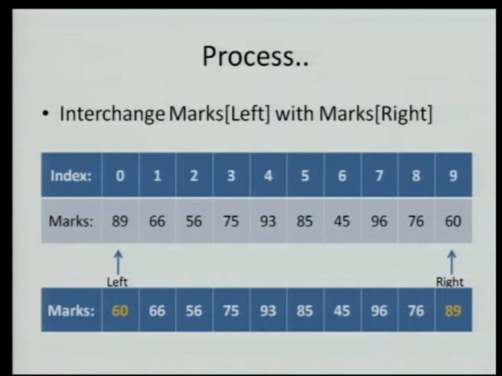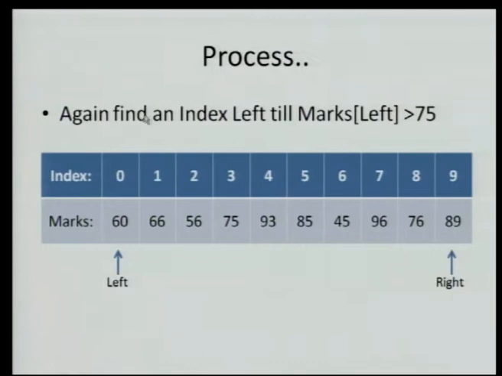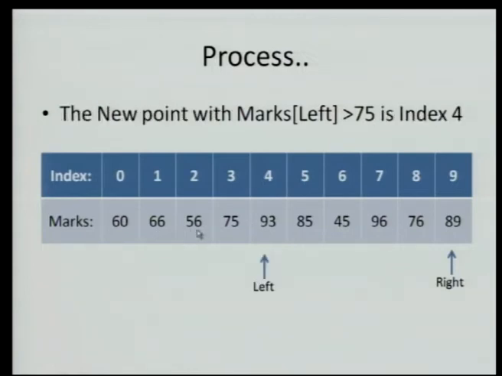Again, we find an index value for left, moving past 66, 56, 75, until we reach 93. So we traverse through this array: 66, 56, 75, and ultimately land at 93, because the previous values have already been arranged as per the requirement.